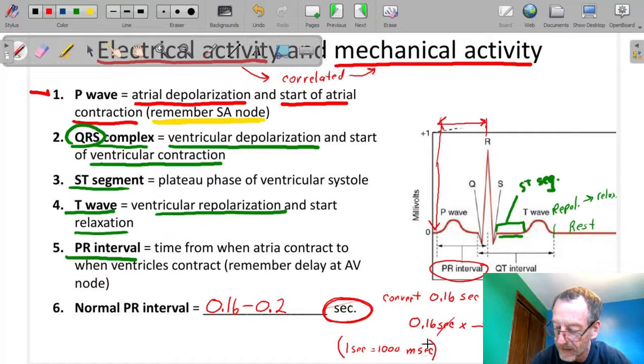And we're left with 0.16 times 1,000. You just move the decimal place. You know which way you're multiplying, it's going to get bigger. So it is 160 milliseconds. 0.16 times 1,000, so you move it, multiply by 10, by 100, by 1,000.